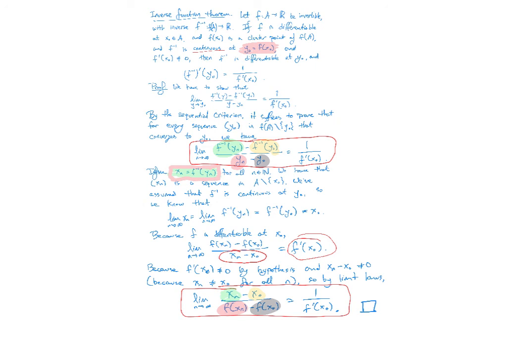The only place where you have to make a decision about how to prove it is to know to go to the sequential form. But that's generally a good technique no matter what you're proving. Okay, let me stop the lecture there.